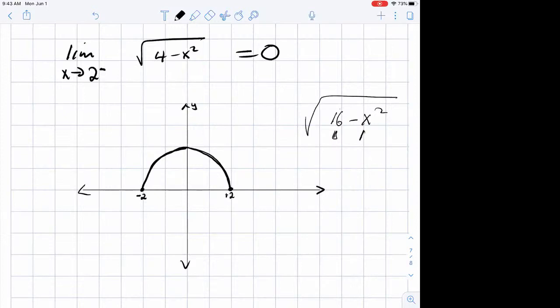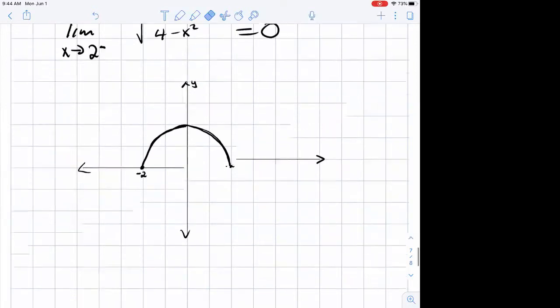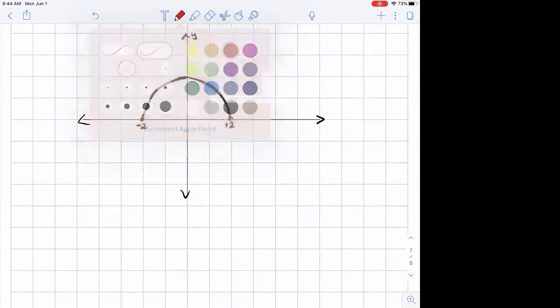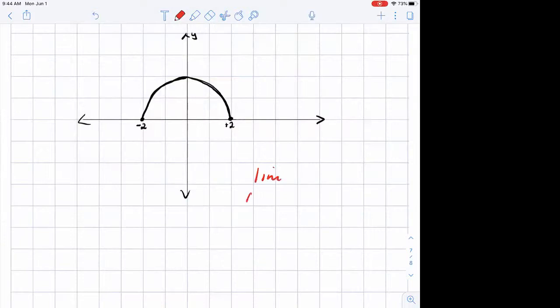It doesn't even have to be a perfect square, but a perfect square is easier to see. The radius is going to be the square root of that number. Now, remember, when I ask you the limit as x approaches 2 from the left side of f of x, which is equal to the square root of 4 minus x squared, what I'm really asking you is what is the height at x equal 2 from the left side?